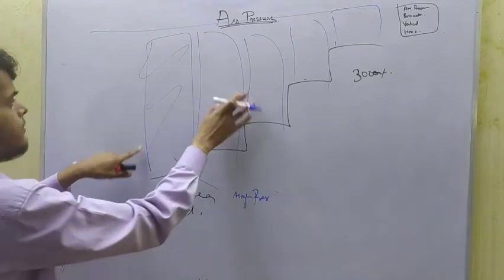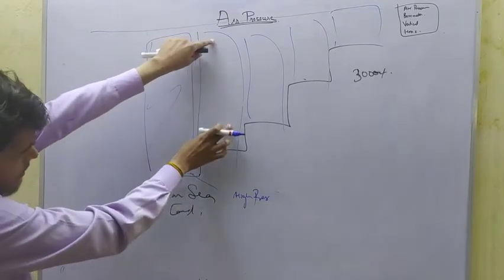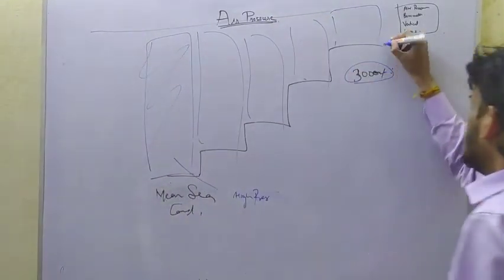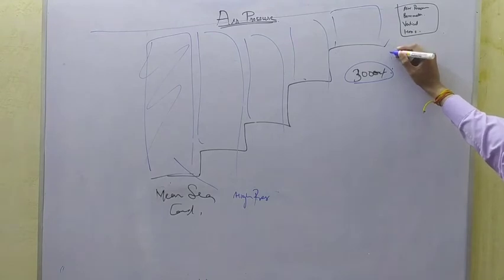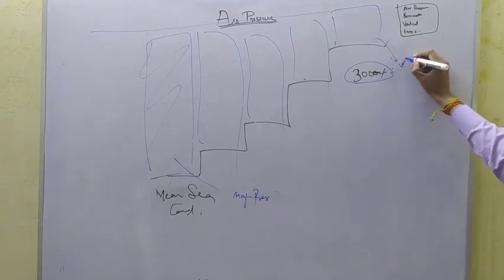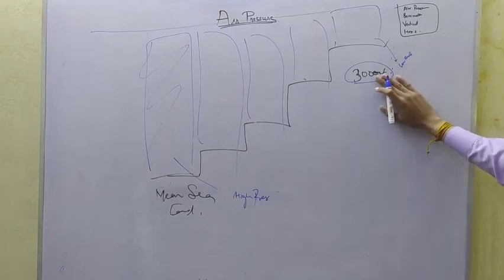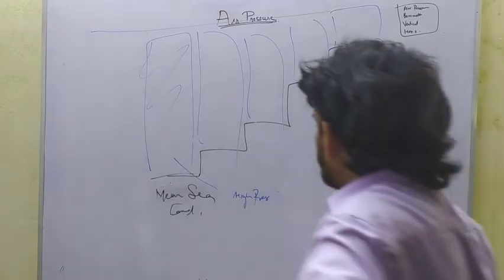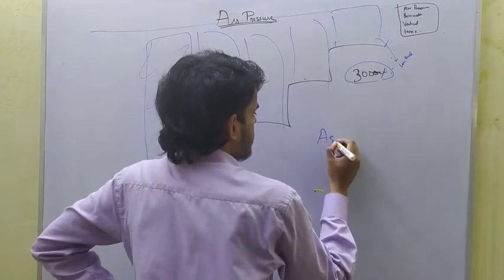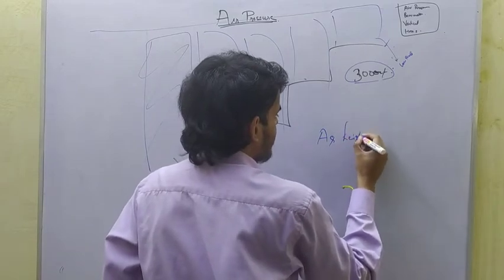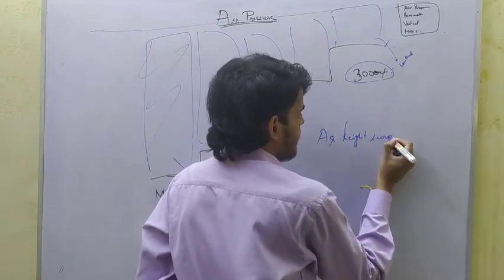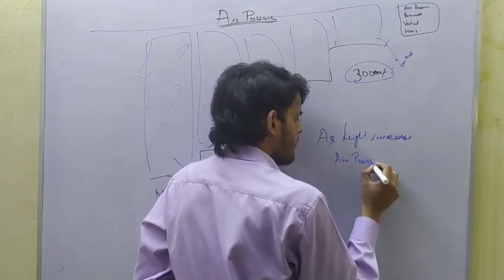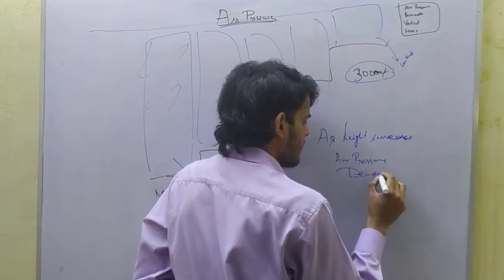Whereas as height increases, we can see the amount of air decreases and decreases. At a height of 3000 meters, it is very small. So here low air pressure is found. By this we can conclude that as height increases, air pressure decreases.